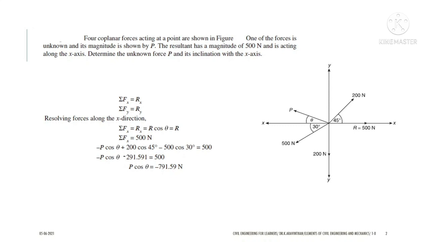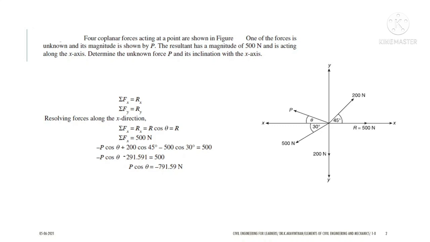So there will be no horizontal component for 200 Newton. Even if you substitute it as 90 degree with respect to the x-axis, it will be a 0 force only.